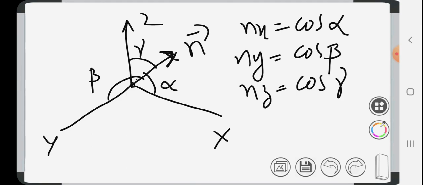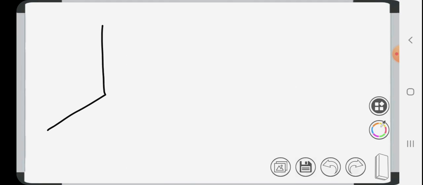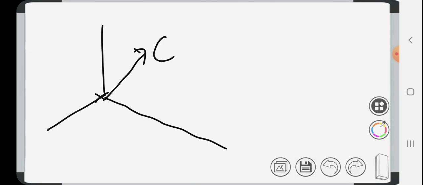Actually, nx can be found even if you don't know the value of the angle, but you know the coordinates of this n vector.